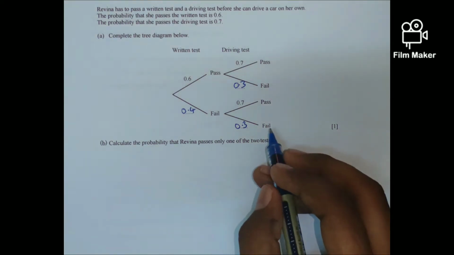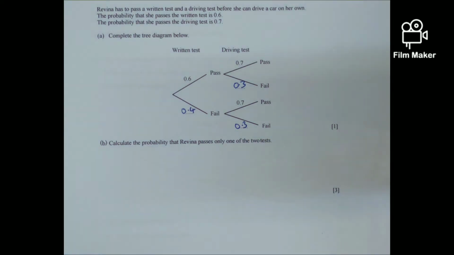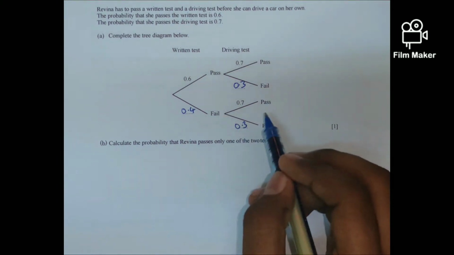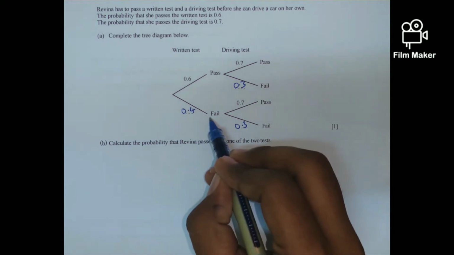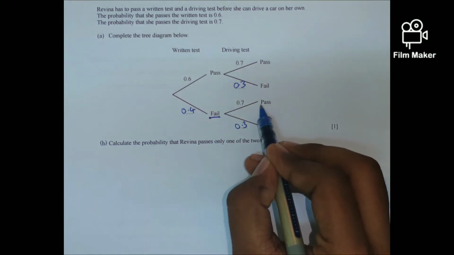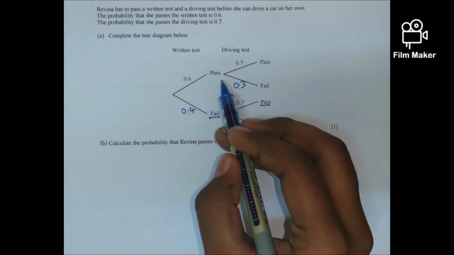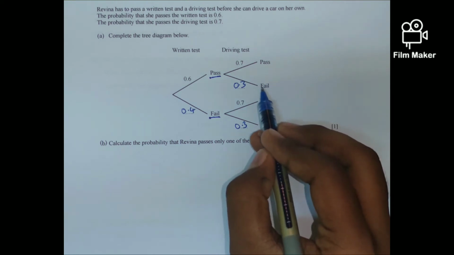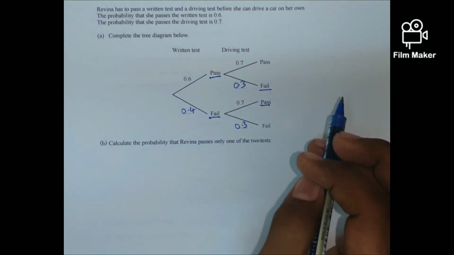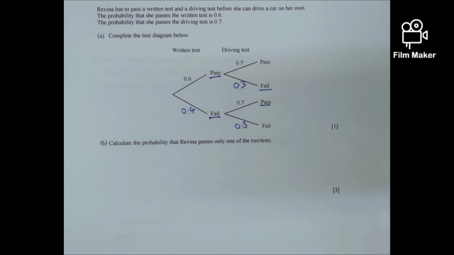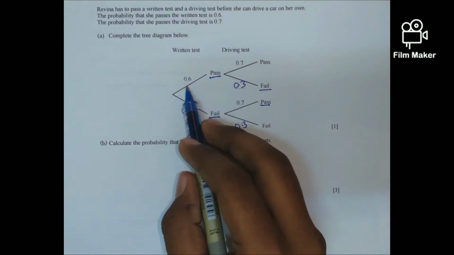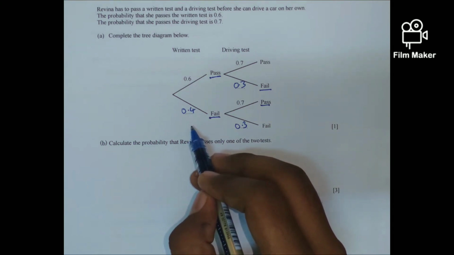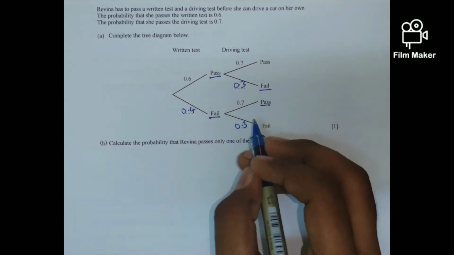For this, we can take only two possibilities: she has failed and then passed, and the other is she has passed the written test and failed the driving test. So we multiply 0.6 into 0.3 and 0.4 into 0.7 and then add them.